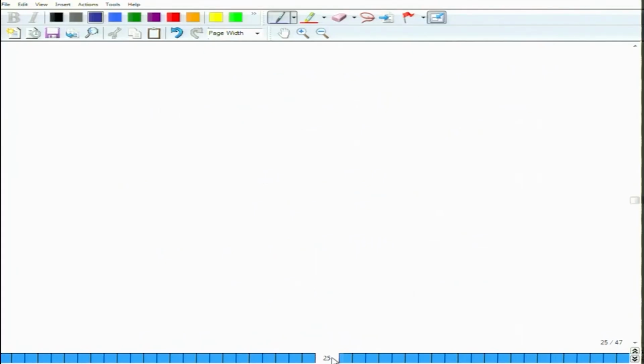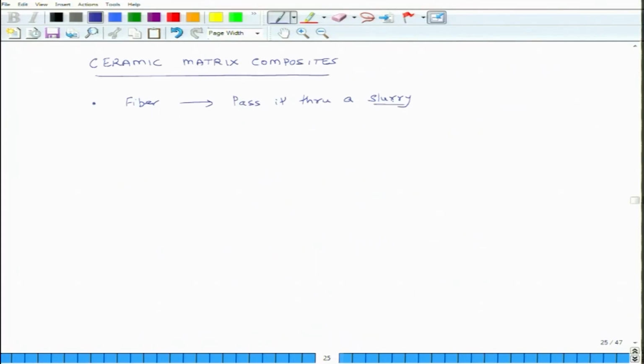We use ceramic matrix. Again our discussion will be very brief, but what people do is, you have fibers and you have a matrix. A lot of times people use a two-stage process. First, you take the fiber and pass it through a slurry of ceramic system.